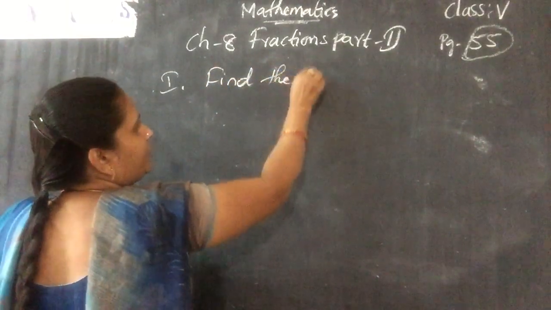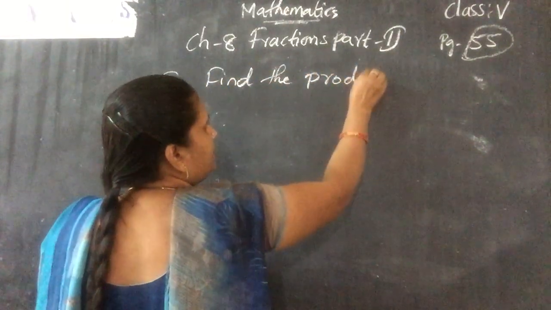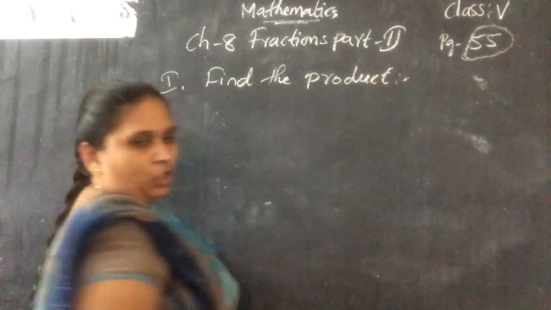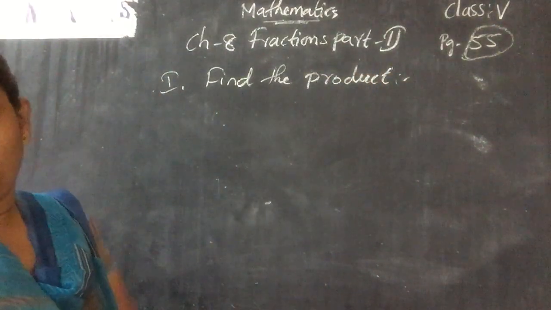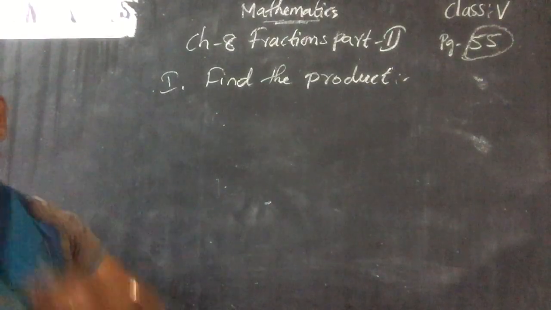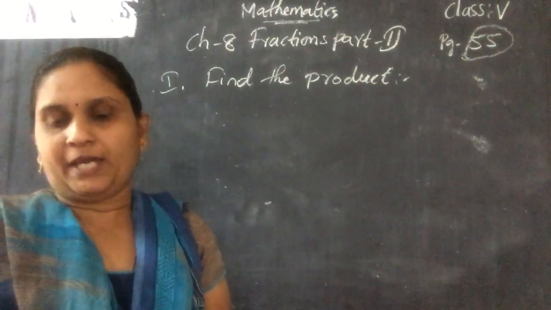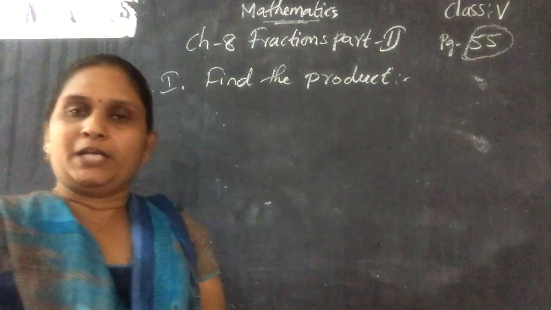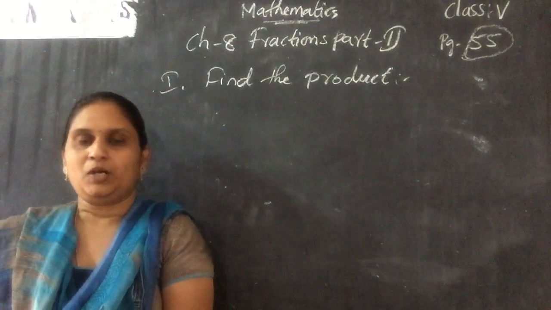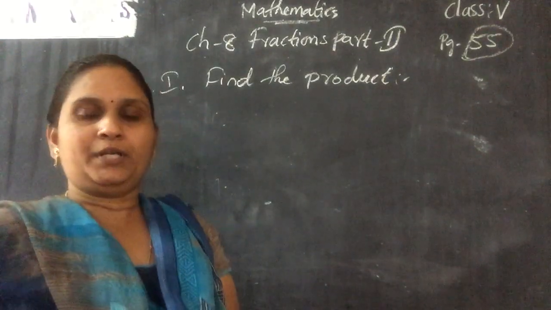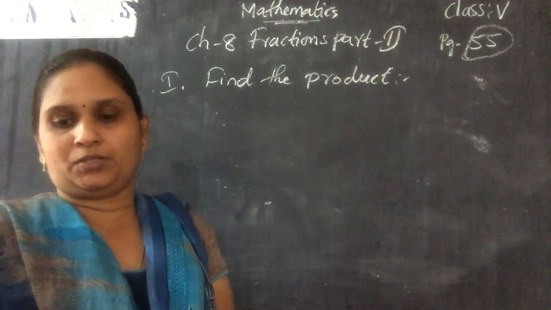Find the product, write the sums. Do the first sum along with me. First sums A and F. These two sums I'll show you in the classwork, and the remaining ones, based on this, you have to do in your same maths notebook.